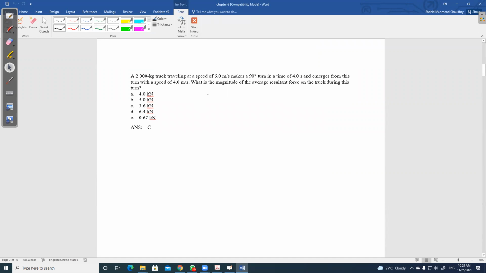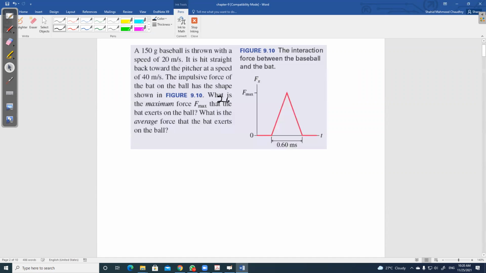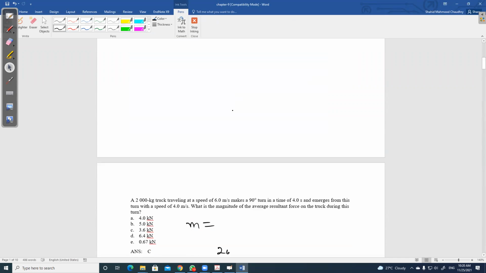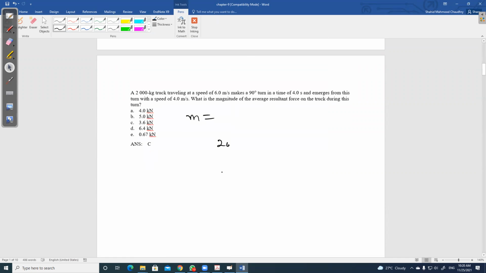Here you can see that this is a 2000 kg truck, moving with a speed of 6 meters per second, and it makes a 90-degree turn in a time of 4 seconds.